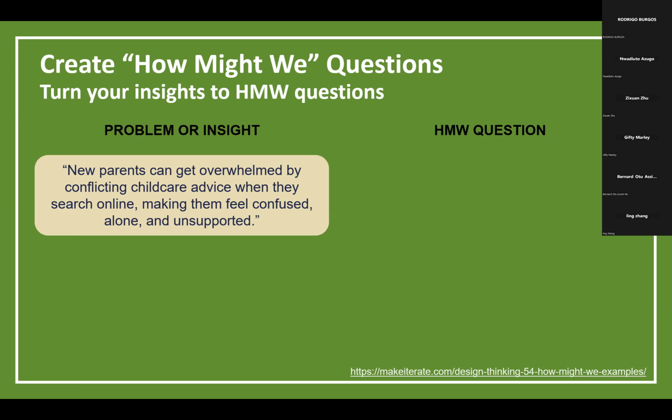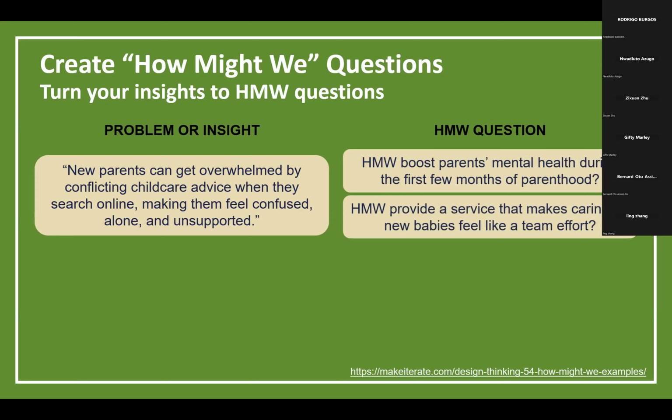The first, how might we boost the parent's mental health during the first few months of parenthood? And another one could be, how might we provide a service that makes caring for new babies feel like a team effort and make the parents feel supported? So these are some examples of how might we questions stemming from a problem.